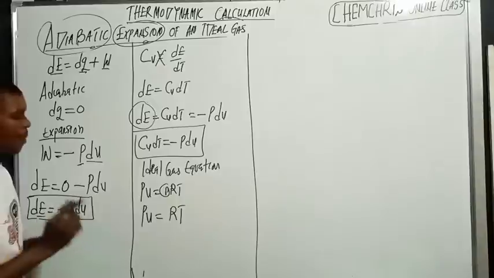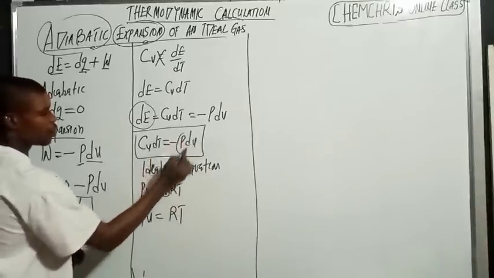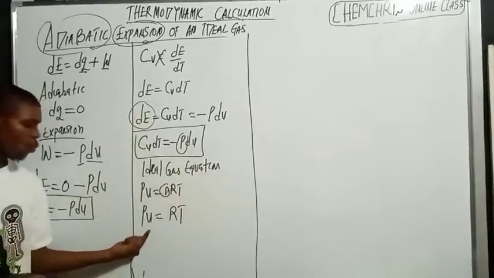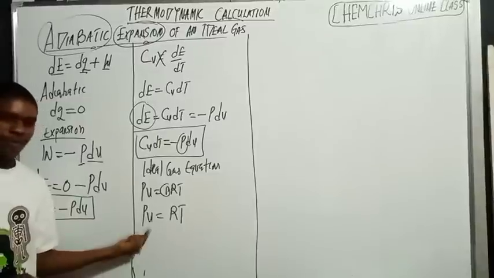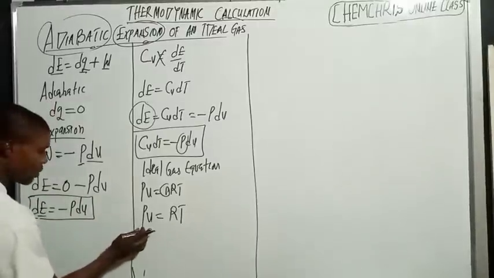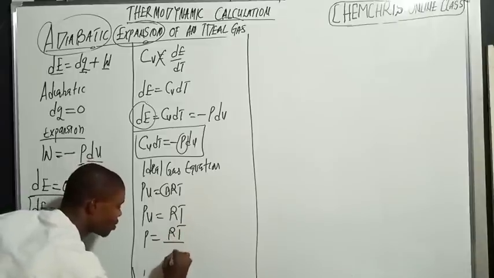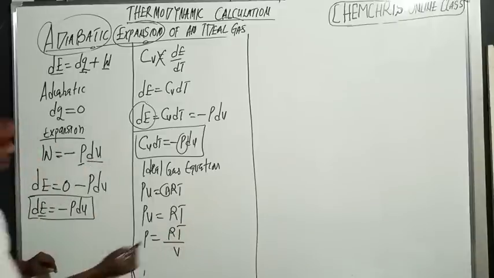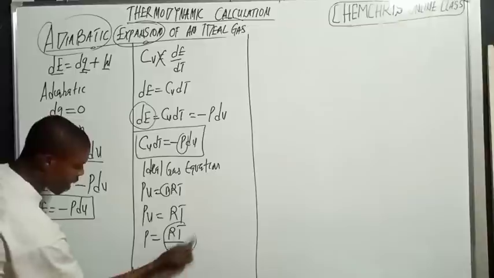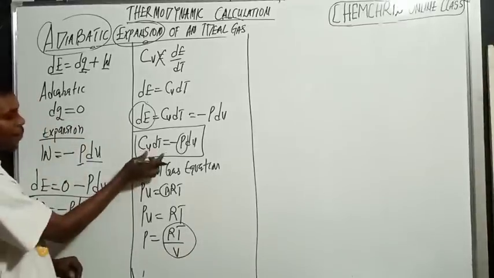Now I want to remove this one here, so I will make P the subject of the formula. If I make P the subject of the formula, here we have P equals RT over V. Guys, that's RT over V, right? So it means that I can bring this formula here.